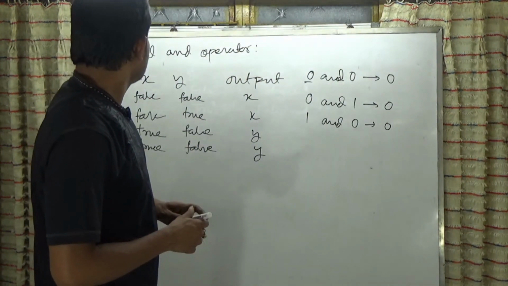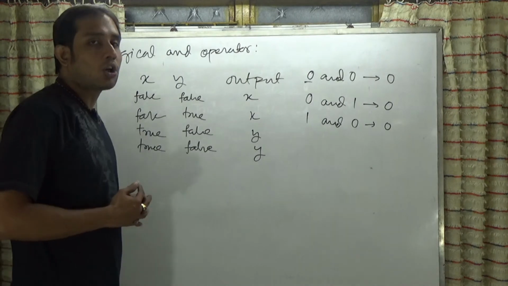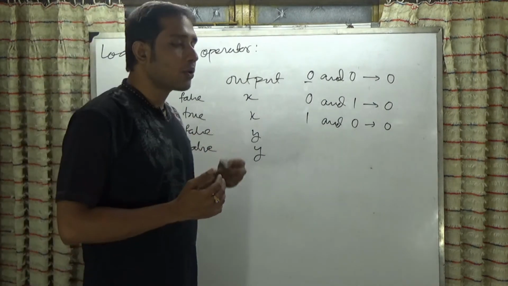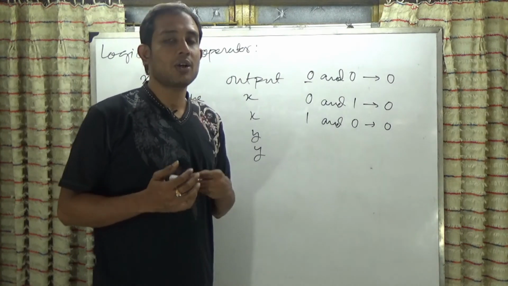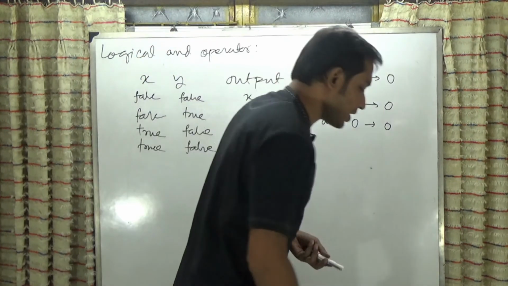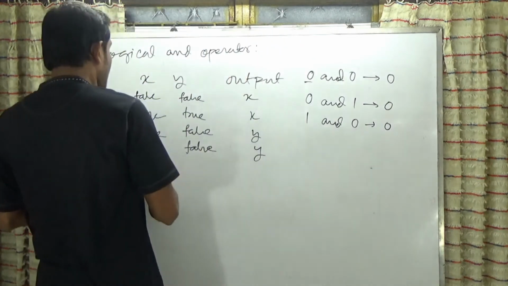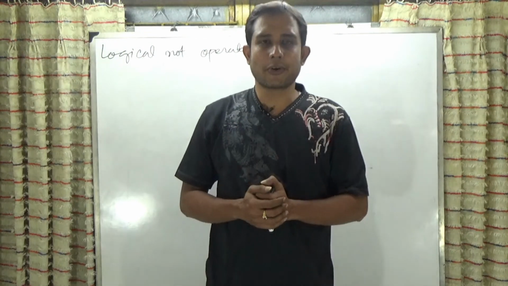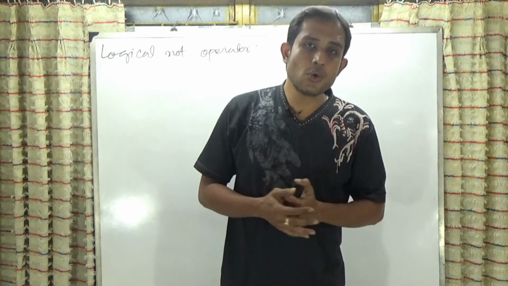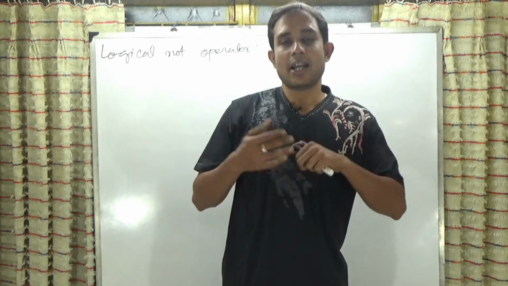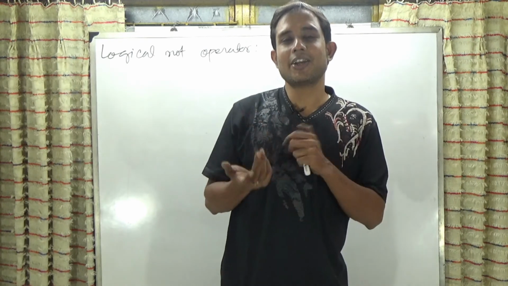So these are the examples of using the logical AND operator with numeric, string and list values when they work as operands. In the case of the logical NOT operator, if the truth value is true, then it returns false, and if the truth value is false, then it returns true.